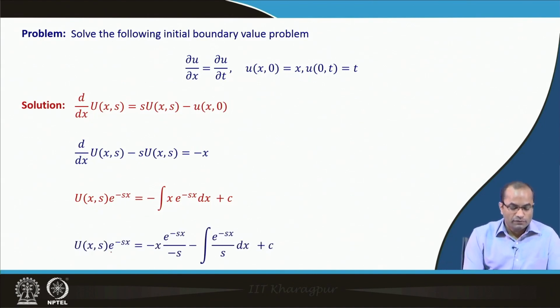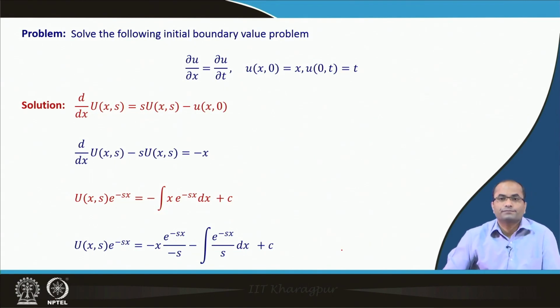That means after this integration, x remains as it is, and e to the power minus s x is integrated, giving e to the power minus s x over minus s. With the minus sign, the minus and that minus make a plus, and the derivative of x is 1.